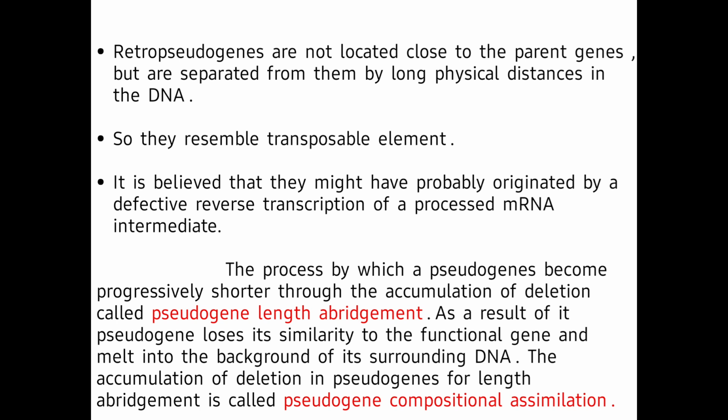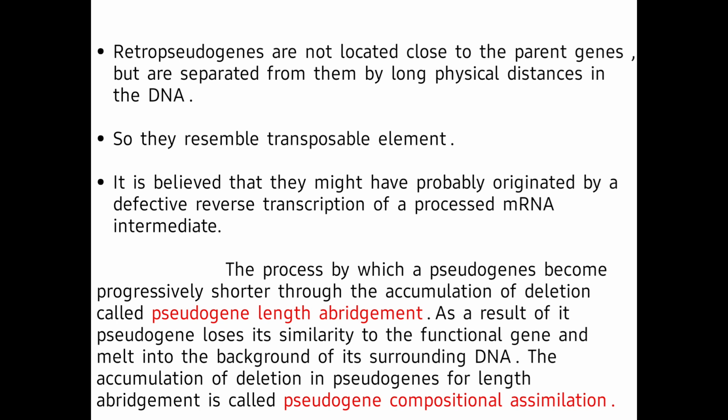The process by which a pseudogene becomes progressively shorter through the accumulation of deletions is called pseudogene length abbreviation. As a result, the pseudogene loses its similarity to the functional gene.